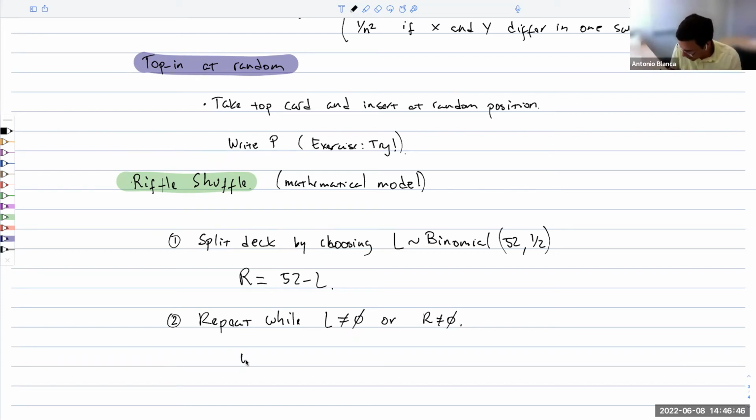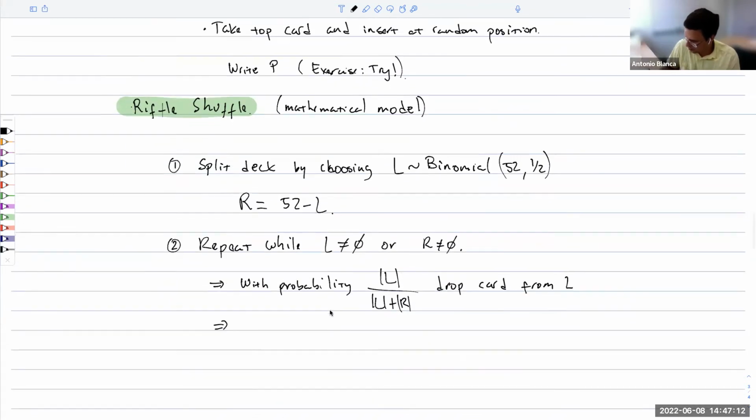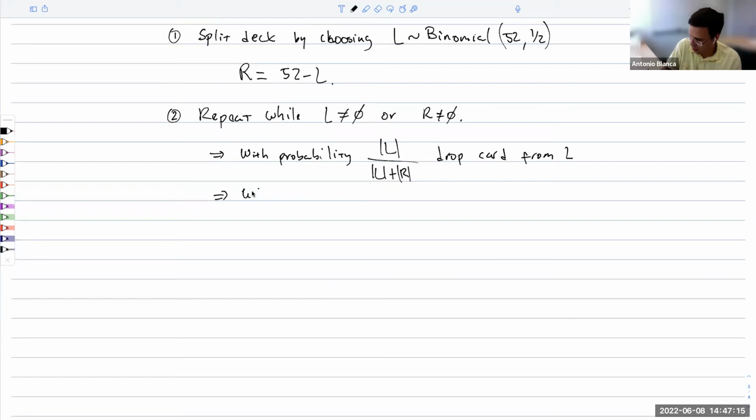So with probability L, the number of cards in L, over L plus R, we drop a card from the left hand, and with the remaining probability, which is R over L plus R, we drop a card from R.